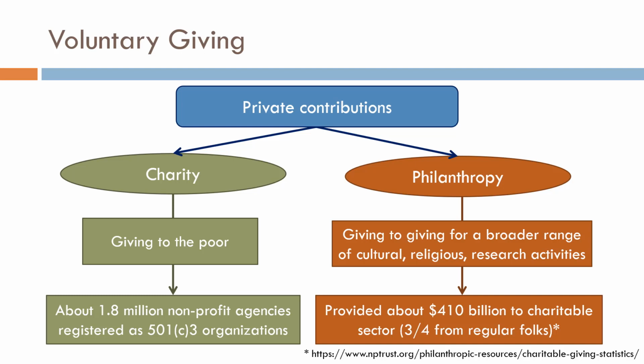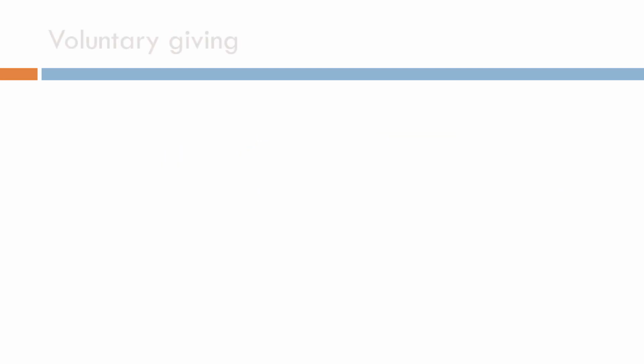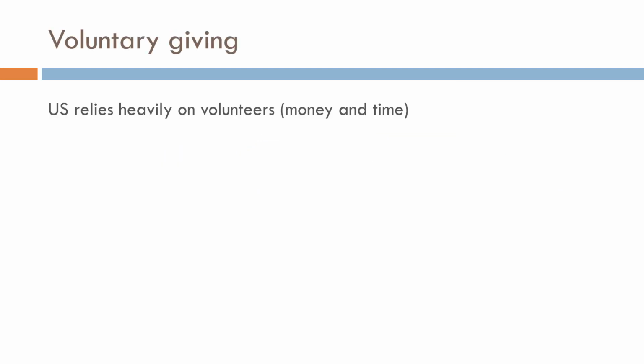Let's talk a little bit about this voluntary giving in terms of philanthropy and charity. The United States, more than a lot of other countries, relies heavily on volunteers, not just in terms of money, but also time.